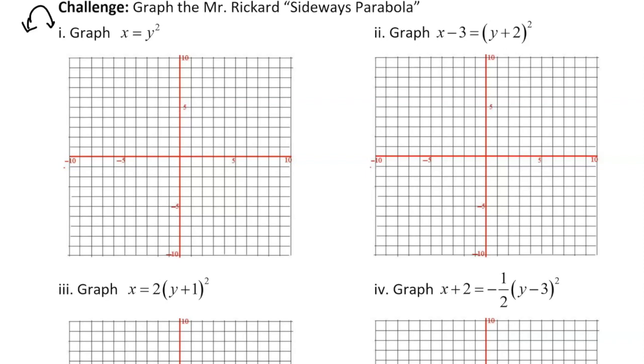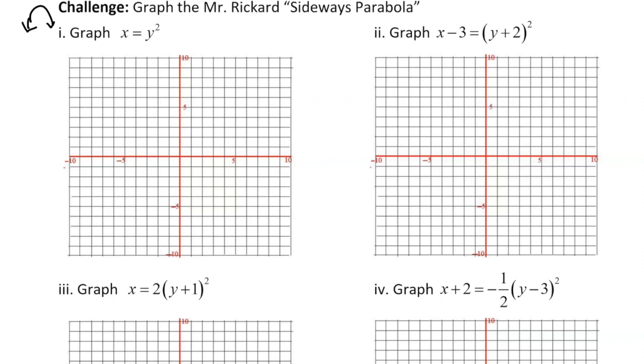So essentially what we're doing is we're taking the inverse of our y equals x squared parabola, and for our first graph we have x equals y squared. What we're going to do is just turn everything onto its side.